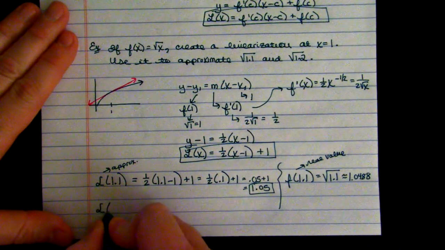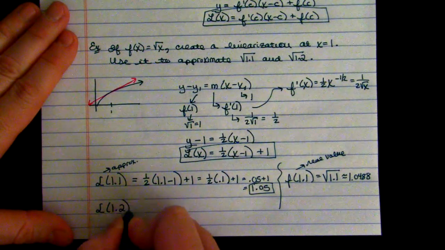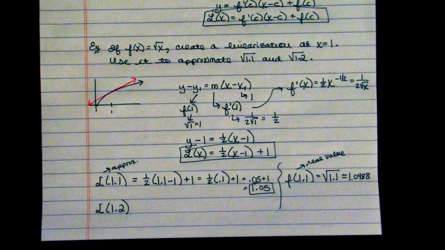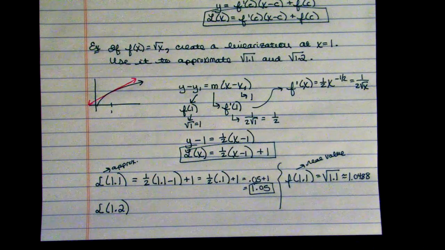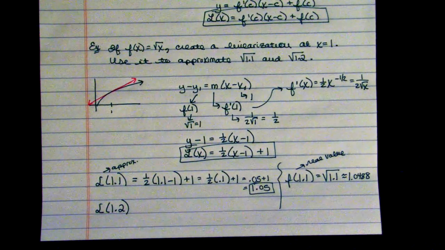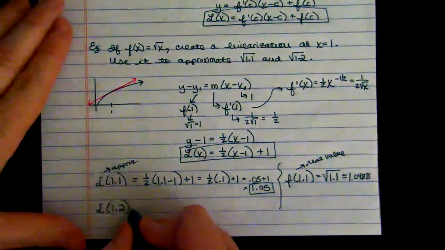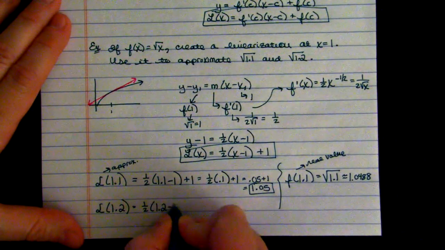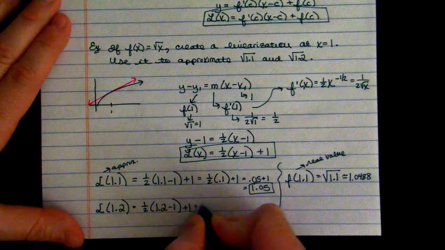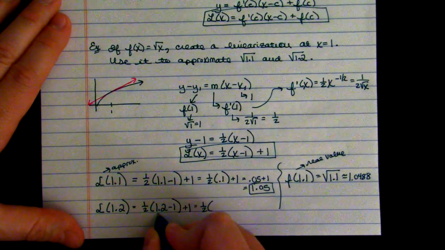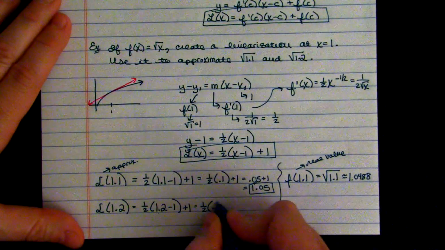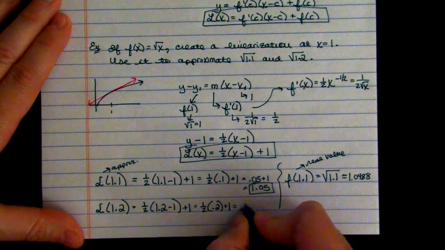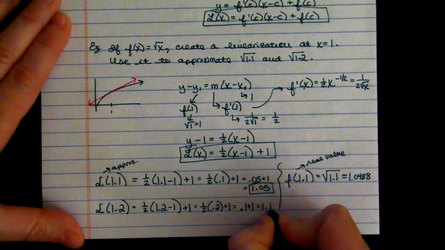What if I want to approximate the square root of 1.2, which means plugging 1.2 into the linearization? See if you can do that by hand. No calculator for this. So that's 1/2 times, okay, 1.2 minus 1 is 0.2, 1/2 of 0.2 is 0.1, plus 1, this is 1.1.